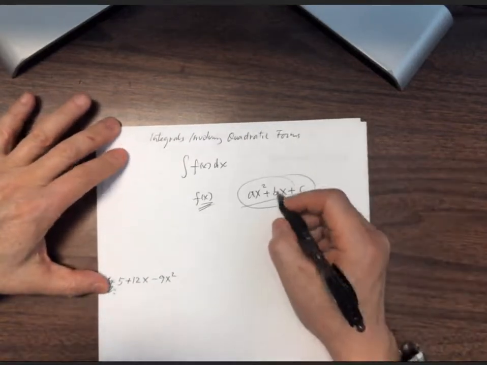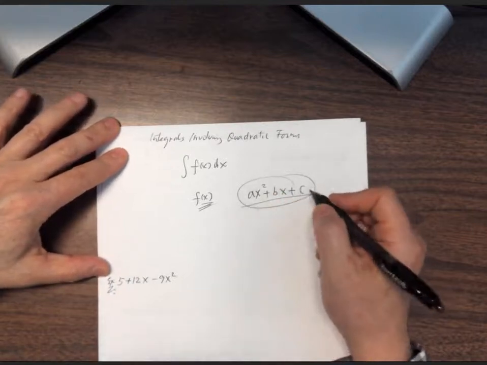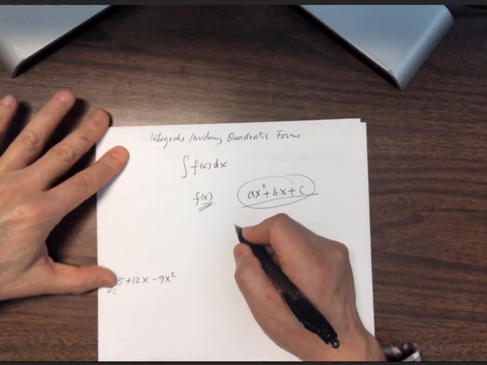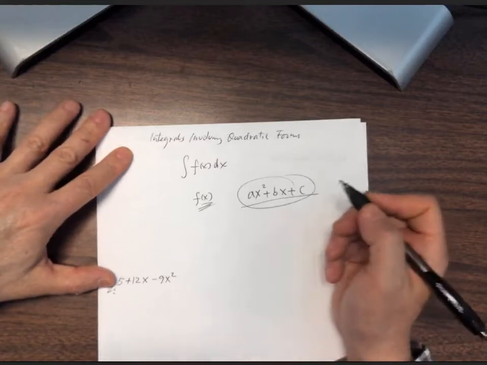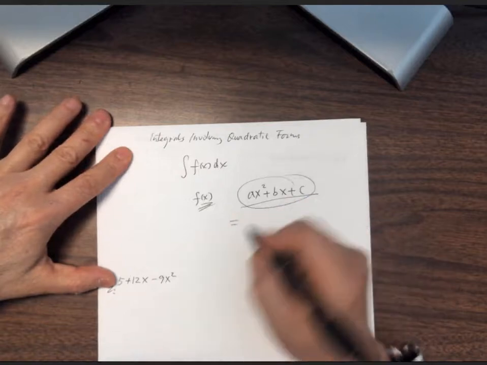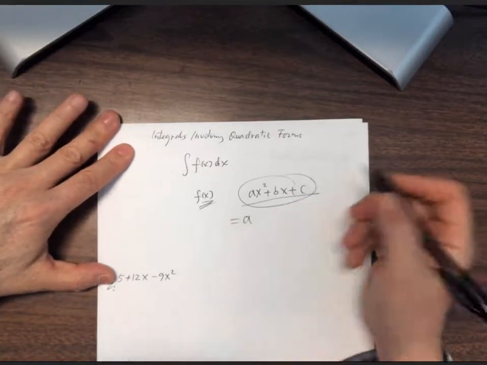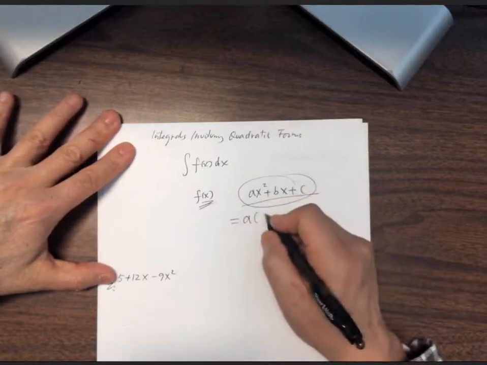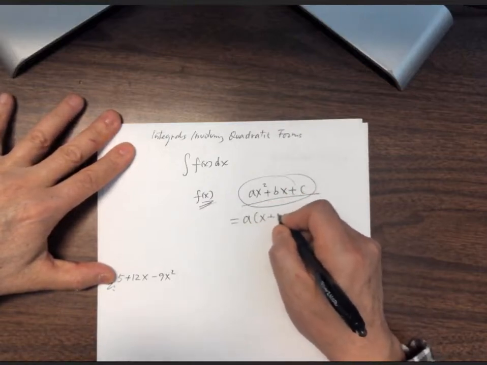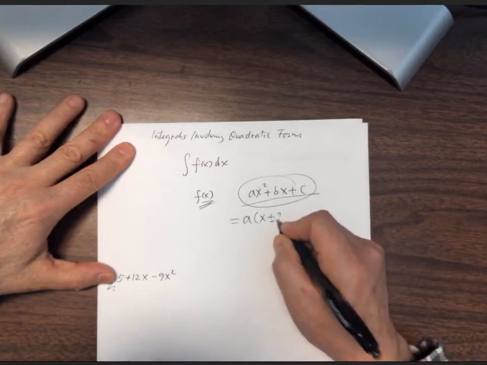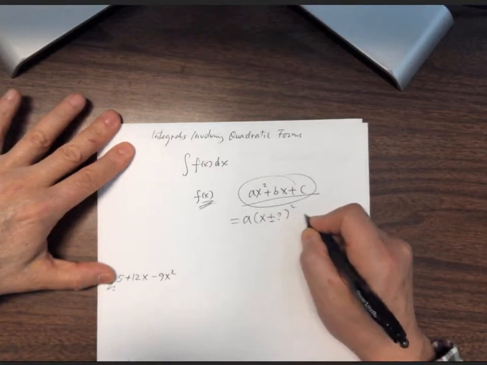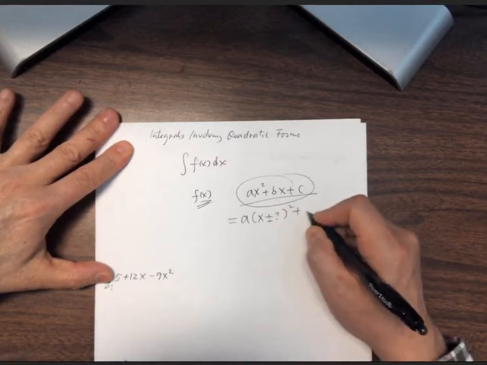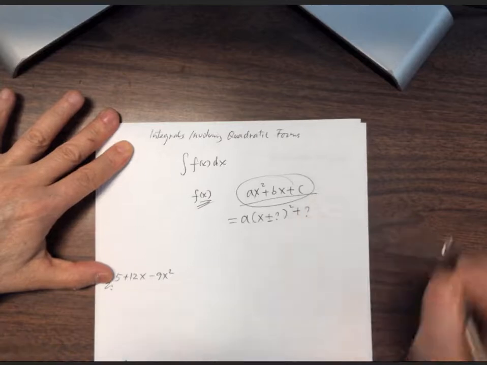How we deal with this kind of quadratic form is we first try to complete the square. That's algebra. We can always turn this quadratic form into something like (x plus a number) squared plus some other number.